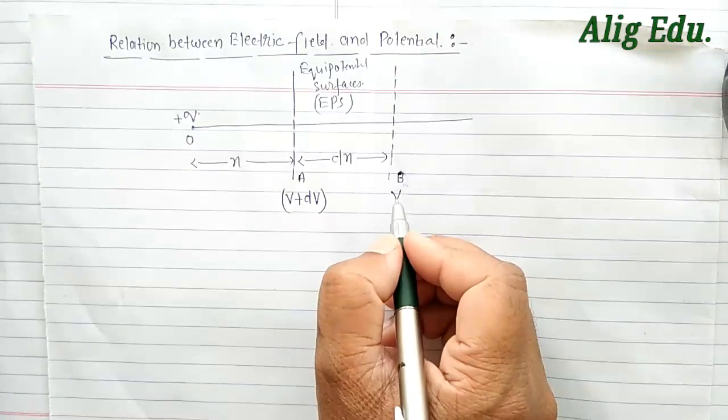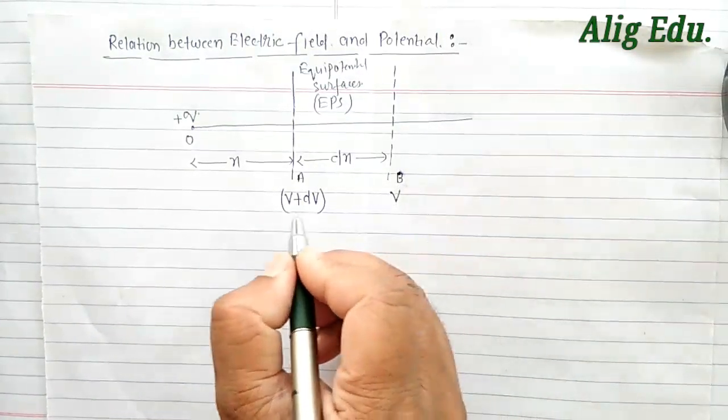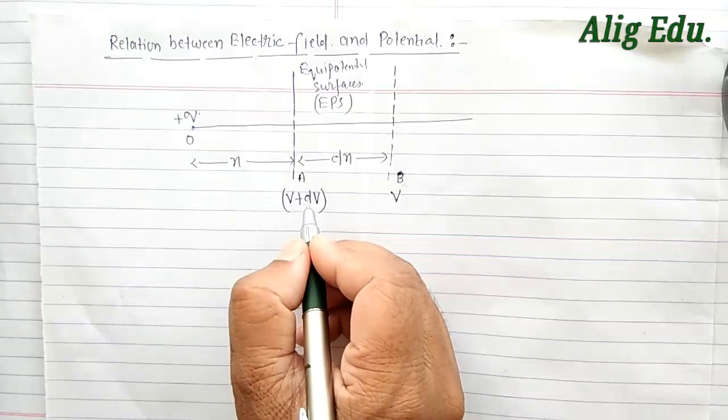Why have we taken the potential at B as V and at A as V plus dV?